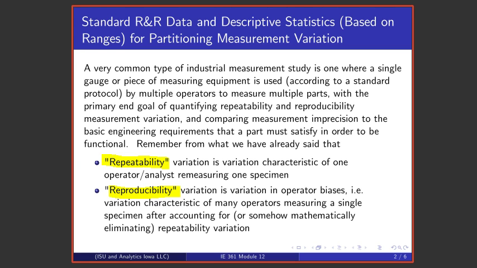If there's large reproducibility variation, that indicates that operators are using measurement equipment differently. Training, standard operating procedures might be applied to try to reduce reproducibility variation. If repeatability variation is present, that usually is too large.